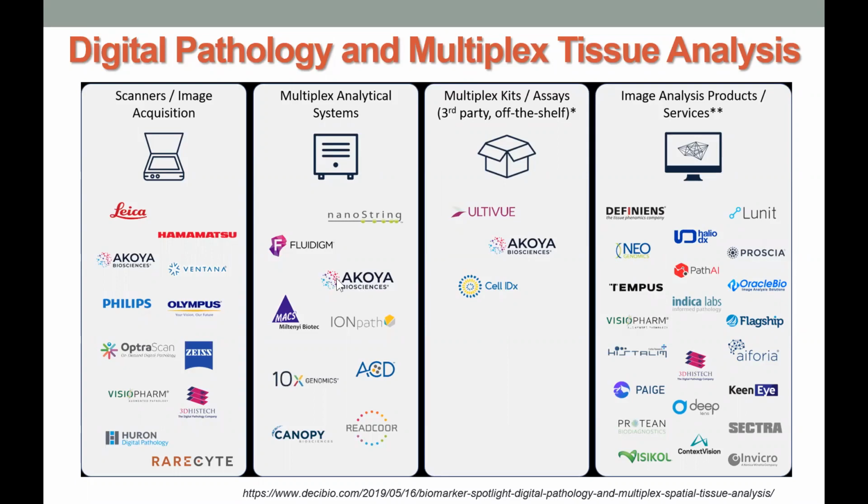So there is a lot of investment here, on the instruments, on the analysis tools, as well as on reagents. All of this is just part of the big community we have for multiplex image analysis, especially focused on tissue, pathology, or histology.